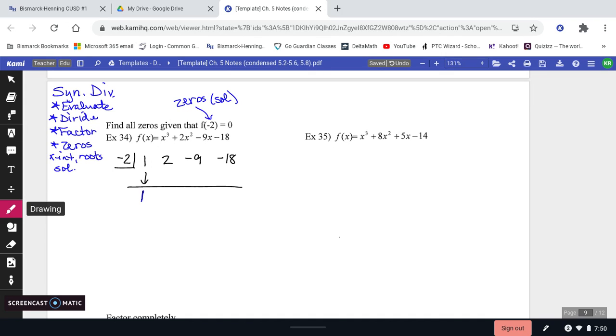Now we do our multiply and our add: multiply, add, multiply, add, multiply, add. What we got was our remainder is 0, and that's what we should get because back up here, f of negative 2 is 0.